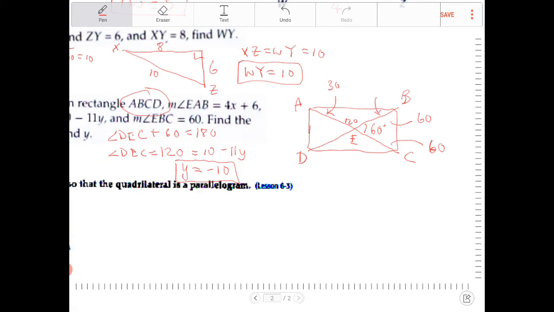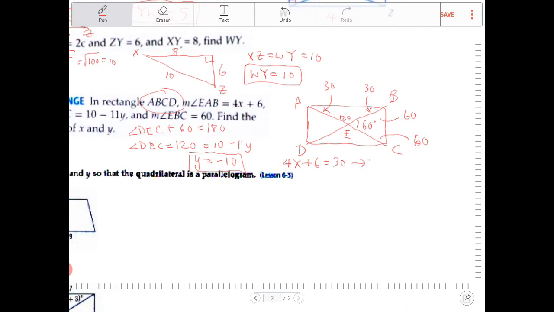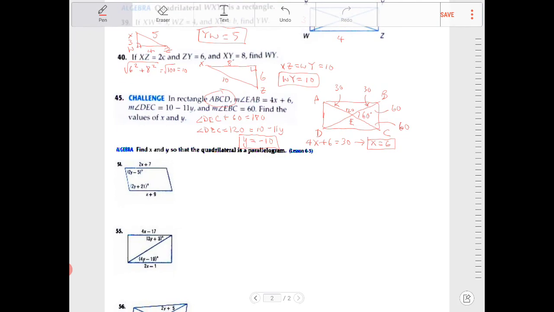Because both of these should be the same, and all three of the angles should add up to 180. 30, 30, and 120 makes 180. So if that's the case, then angle EAB is also equal to 30 degrees, or 4x plus 6 is equal to 30. Therefore, subtract 6 and divide by 4, x will equal 6. There you go.